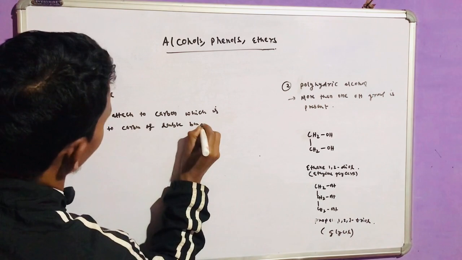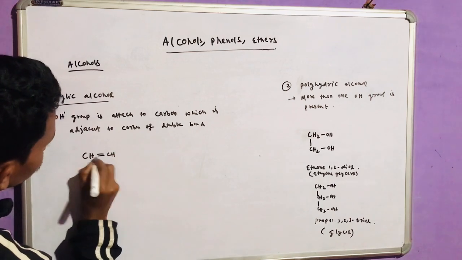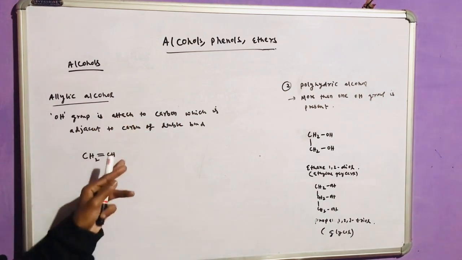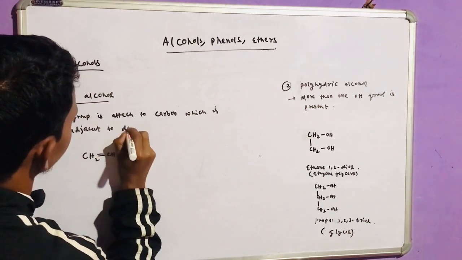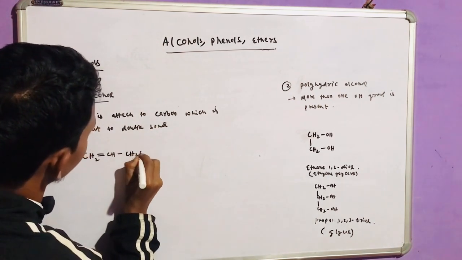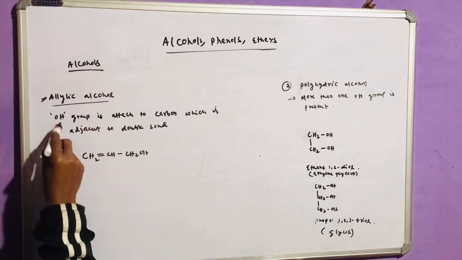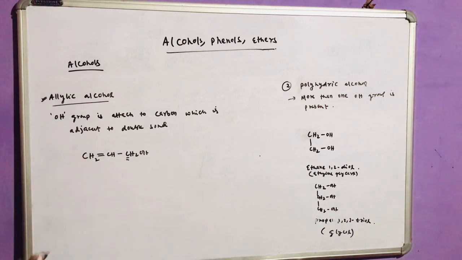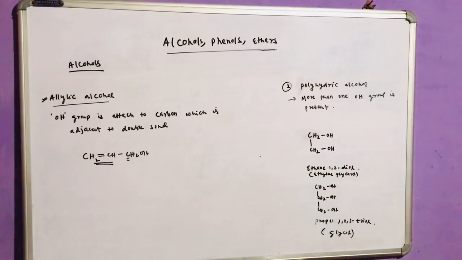So this carbon is adjacent to the double bond. If this is there, that is an allylic alcohol.